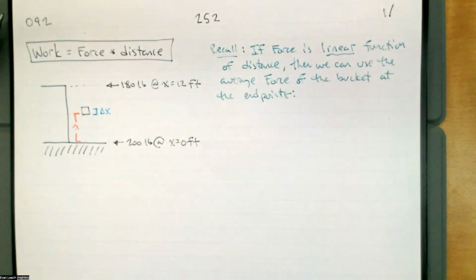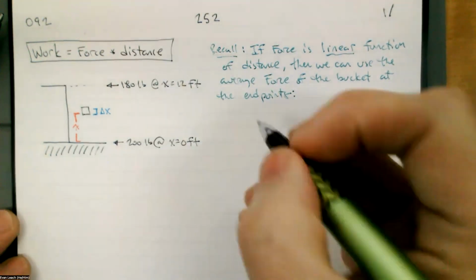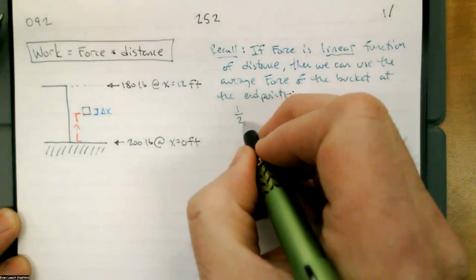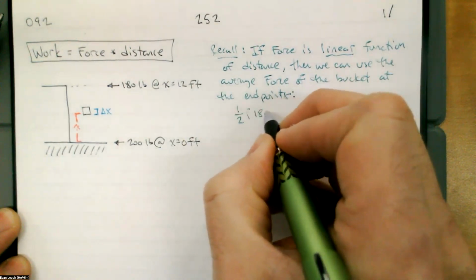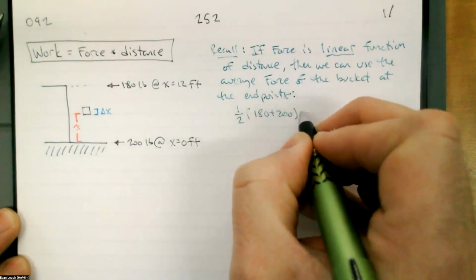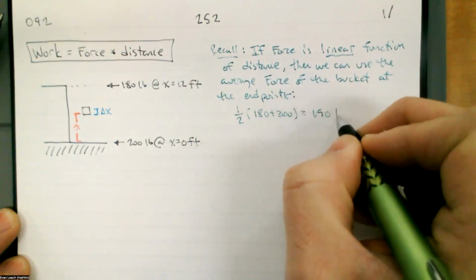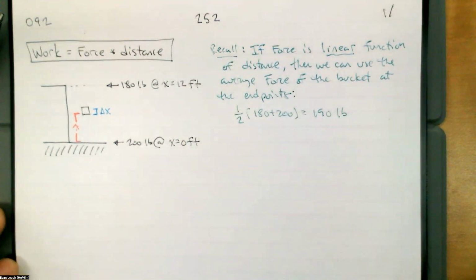If the force is a linear function of distance, like it was yesterday, that's what allows us to use the average of the force of the buckets at the end points. So we could just say 1/2 of 180 and 200 is 190 pounds, and multiply that by 12 feet.